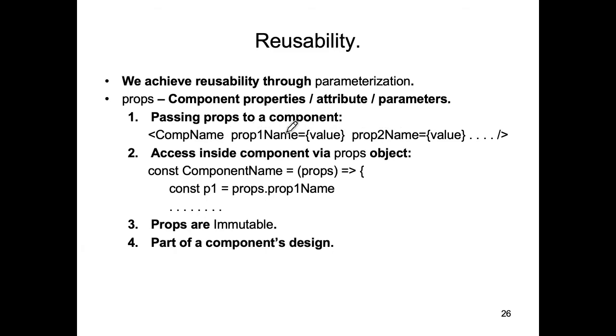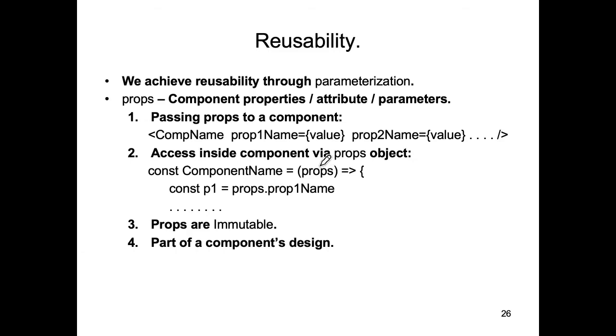How does the component actually reference them? Well, what the React runtime does is it essentially grabs all of these and creates an object where the keys of the object correspond to the prop names, and the values of those properties are whatever value you assign to them. It creates that object for you and passes it into your component function. You can call this thing anything you want, but the convention is to call it props.